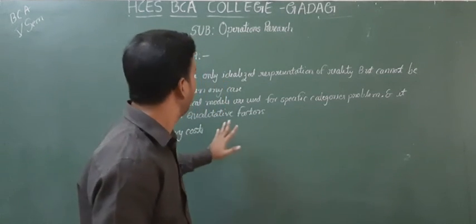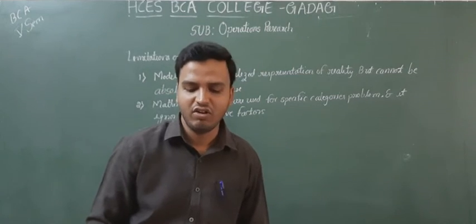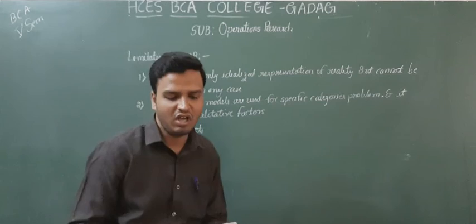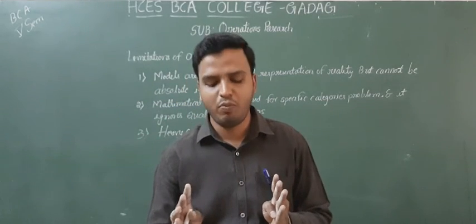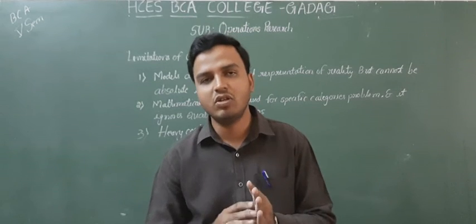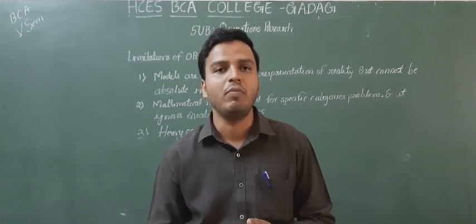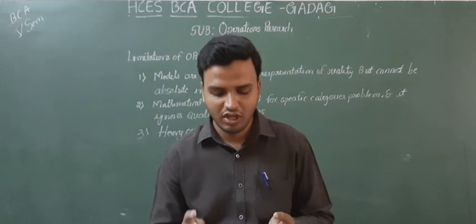So these are the uses and limitations of operation research. Once again I repeat. The uses are, it provides a logical and systematic approach to the problem, meaning here we are using scientific techniques to solve the problem.